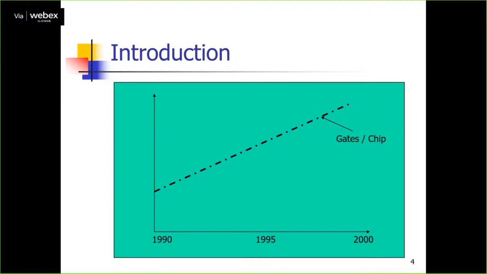From 2005 until today, we got exponential values. So the gates per chip is exponentially increasing by introducing more transistors in a single area or single micron area.